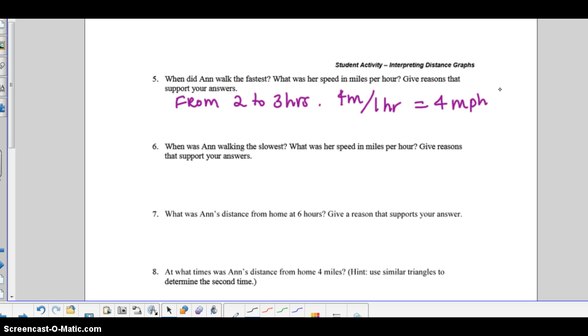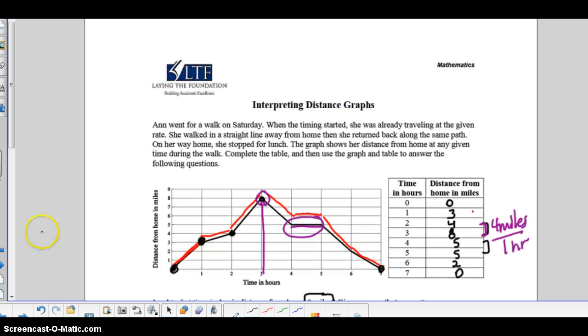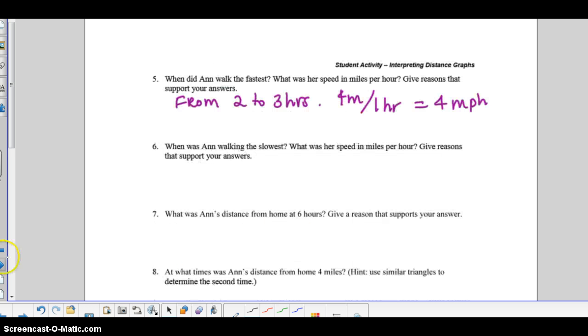And one reason that that is when she walked the fastest is if you look at the graph right here, it's where the slope is the steepest. And that tells us when she walks the fastest.